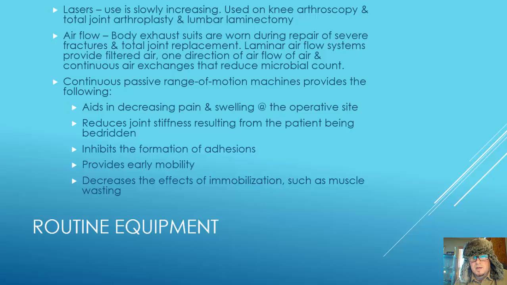So you may be limited to 40 degrees at the start, and then you're moving up to 55. The machines keep the adhesions from forming and the joint from becoming stiff, and at first it hurts really bad, but then as it keeps working and the pain and swelling go down, the range of motion improves.